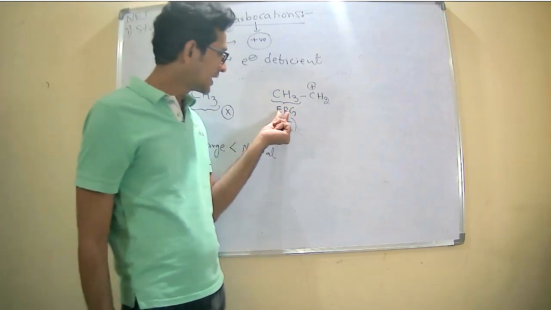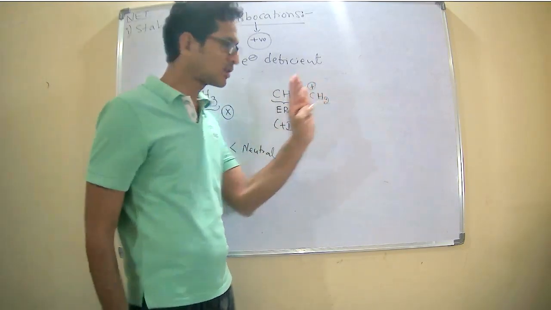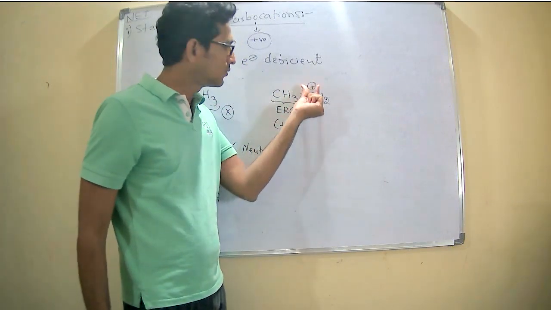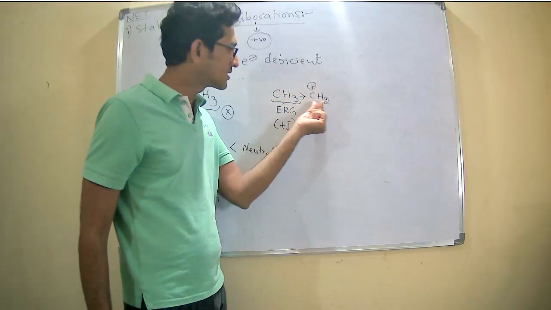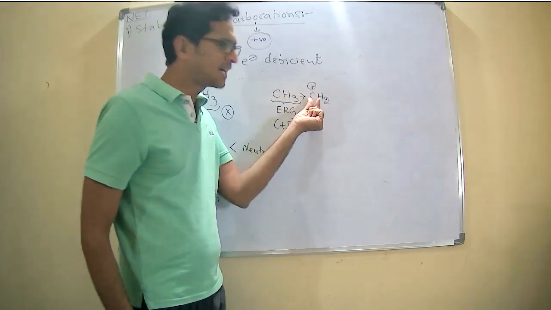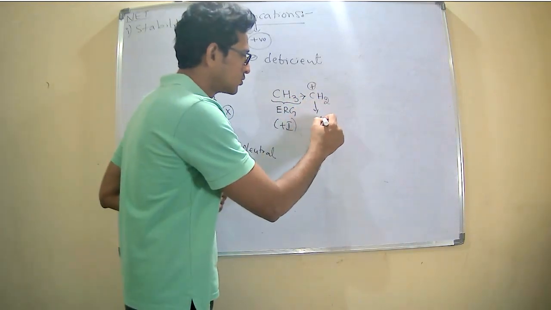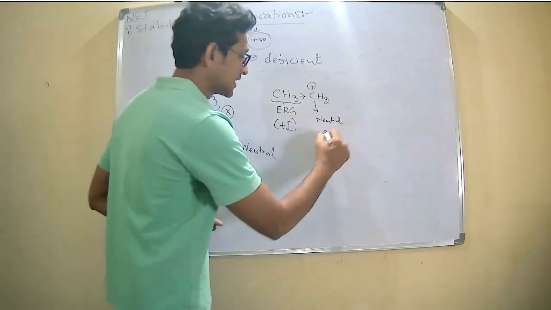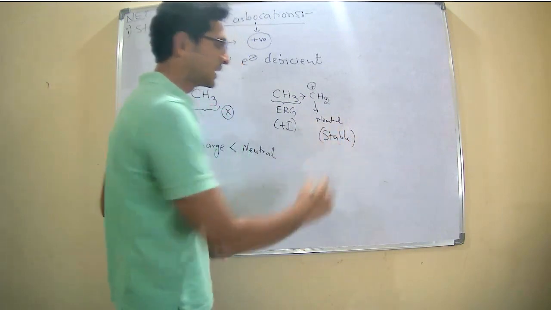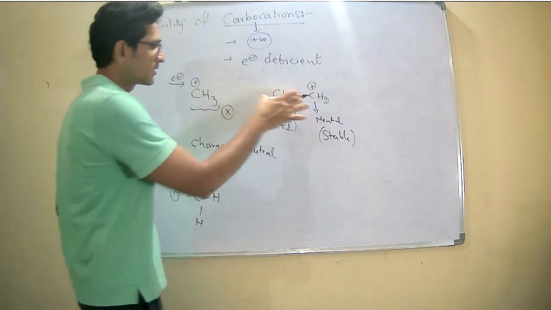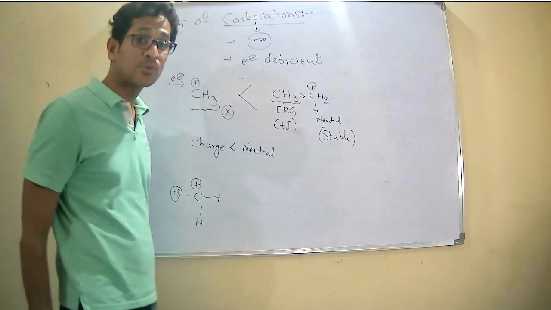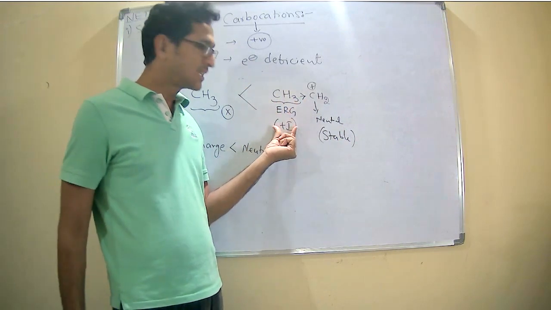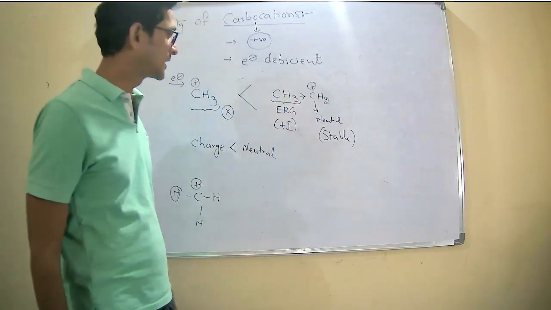The methyl group transfers electrons toward the electron deficient CH2, which receives them, and there is a chance of converting into a neutral species. When it is converted into a neutral species, it is said to be stable. So among these two, the ethyl carbocation is more stable due to the plus inductive effect.